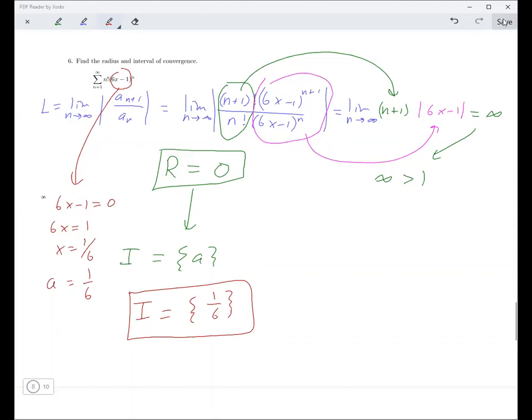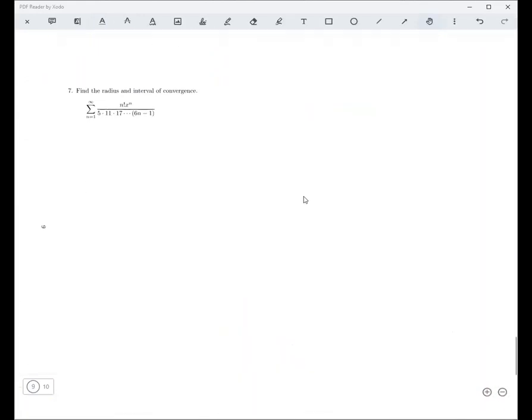Great, let's move on to the next one, number 7. Find the radius and interval of convergence. So this one we're also going to have to use the ratio test. I'll skip the formula.